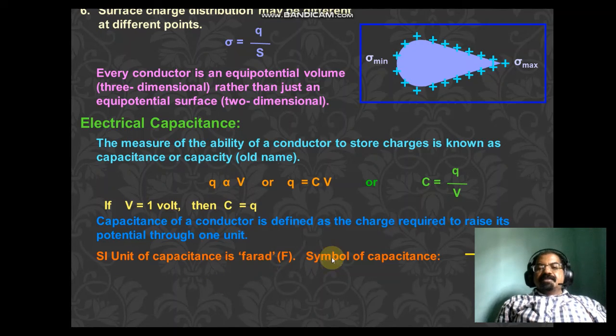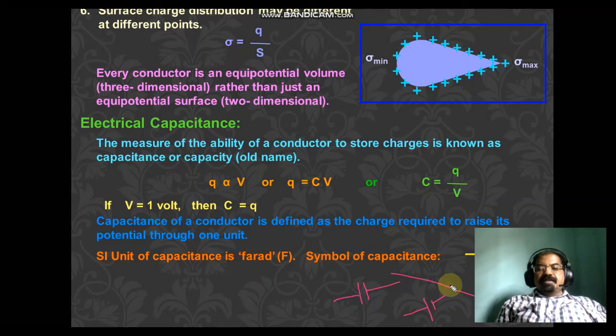You have to take care of this. Symbol of capacitor is this one. This is the symbol of a capacitor, and both the lines are the same in size. This is not the symbol of a capacitor, this is the symbol of a cell, and this is the symbol of a capacitor.